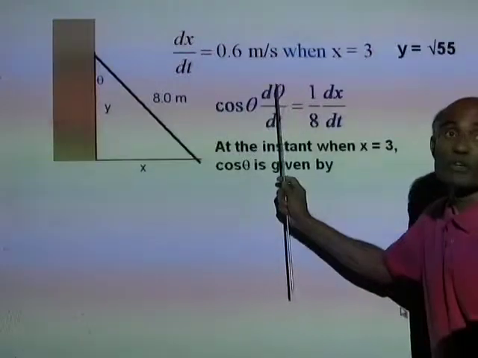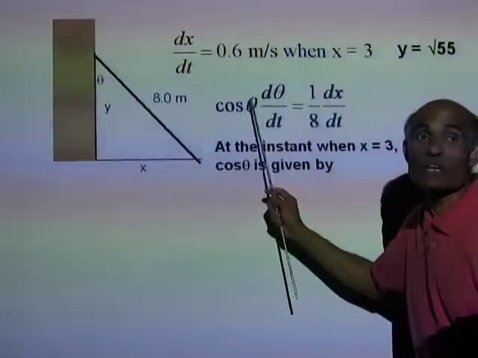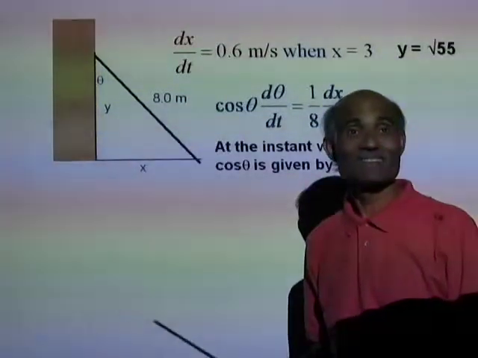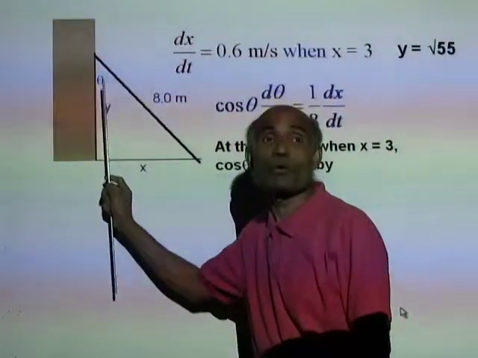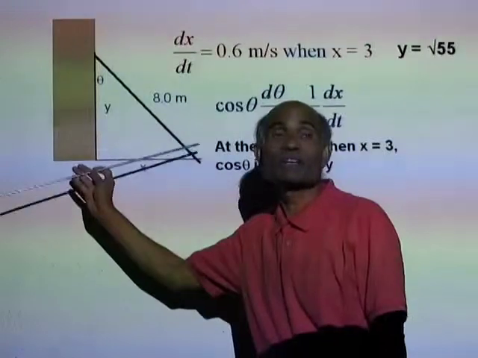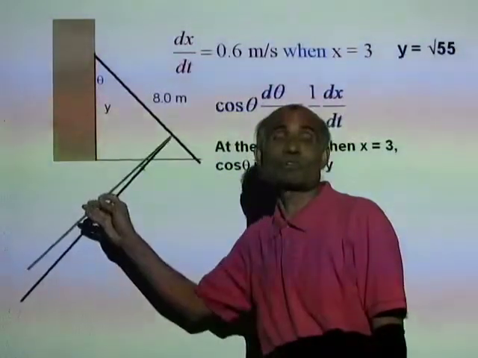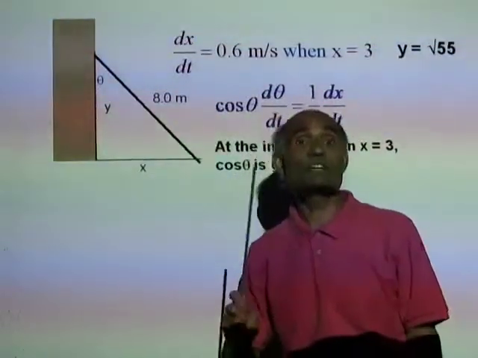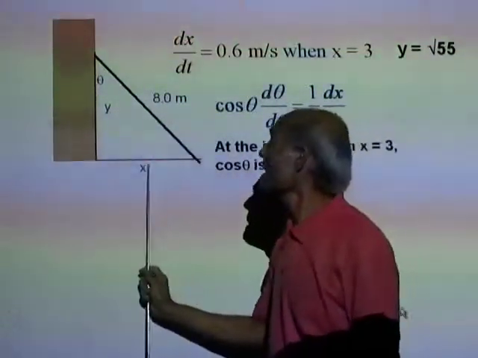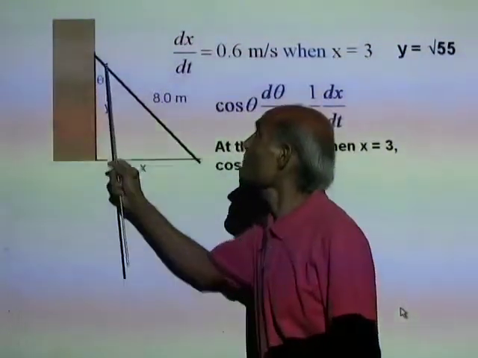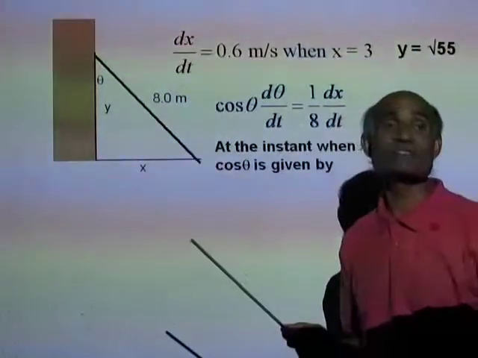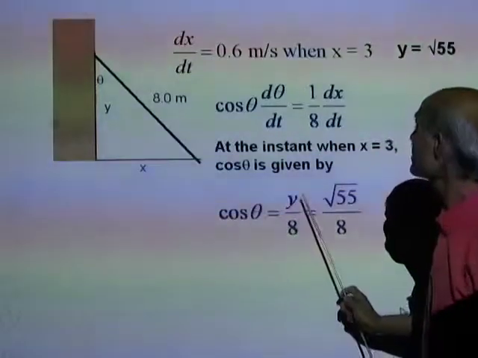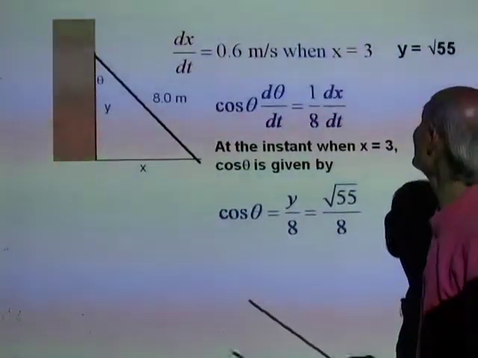And also, if you want to find d theta by dt, you need the value of cos theta. Cos theta from the triangle is adjacent side divided by the hypotenuse. Do we know the adjacent side? We can find it from the relation x squared plus y squared equal to 8 squared. So cos theta equals y over 8.